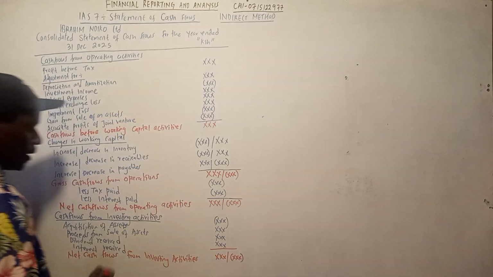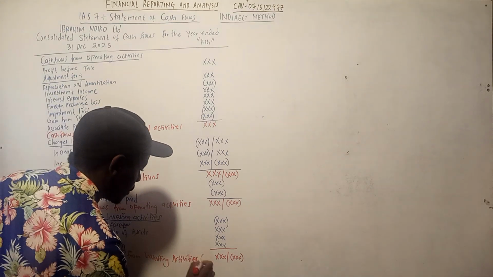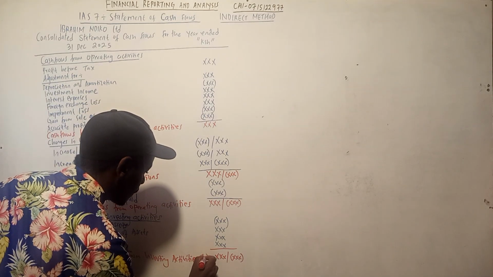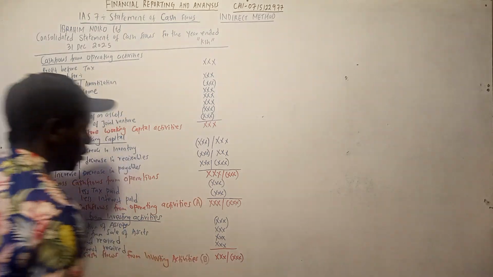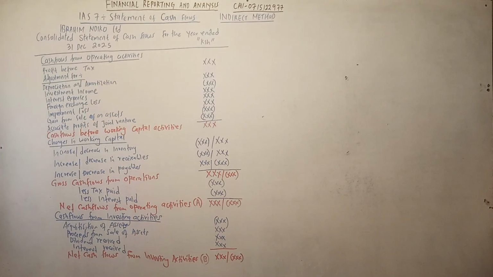So if you get a negative figure, don't worry. That one is B. Let us call this one A: net cash flow from operating activities. Net cash flow from investing activities, we call it B. Then we go to the last one.